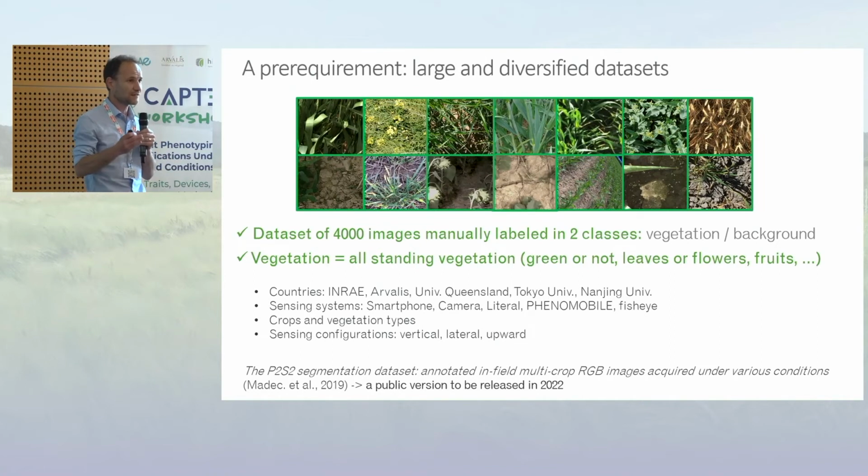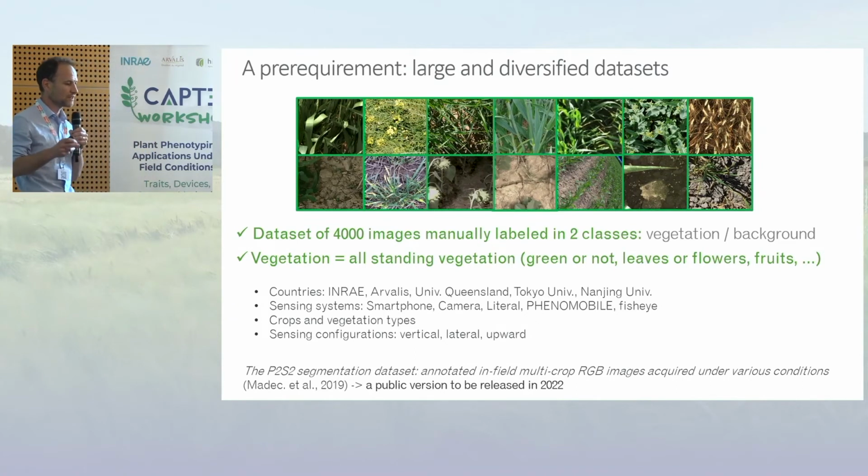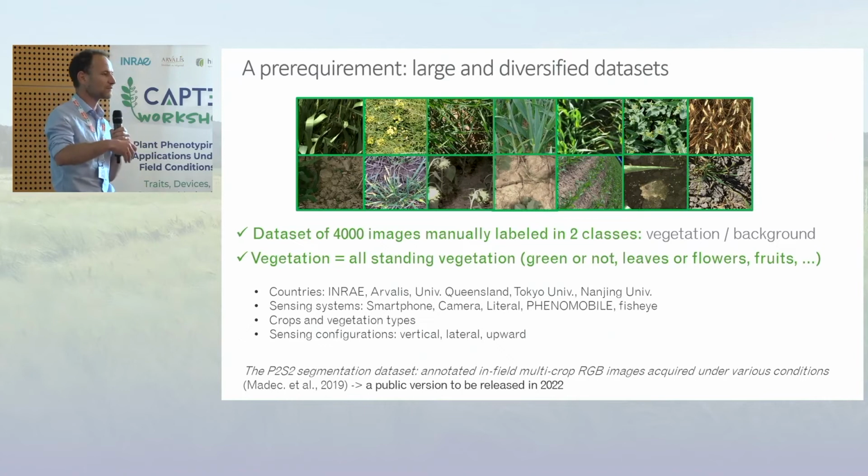We had to decide what we meant by vegetation, and we decided that vegetation is all standing vegetation. It can be green or not, leaves, flowers, fruits, etc. As long as it's on the stem or above the ground, it's plant. And all the rest is considered background, so it can be soil, crop residues, or stones, for instance.